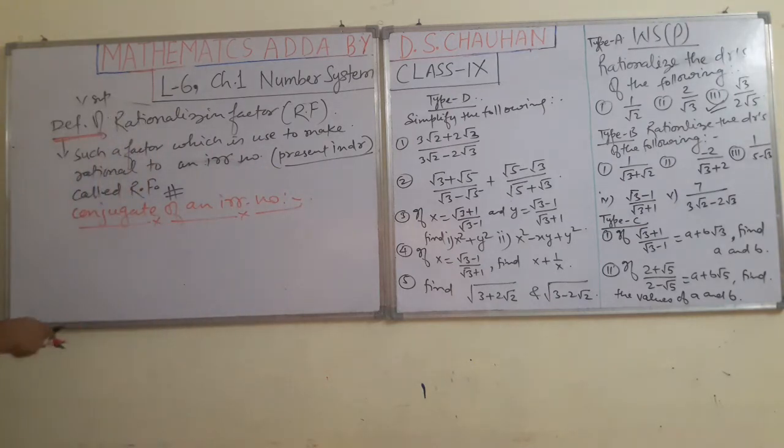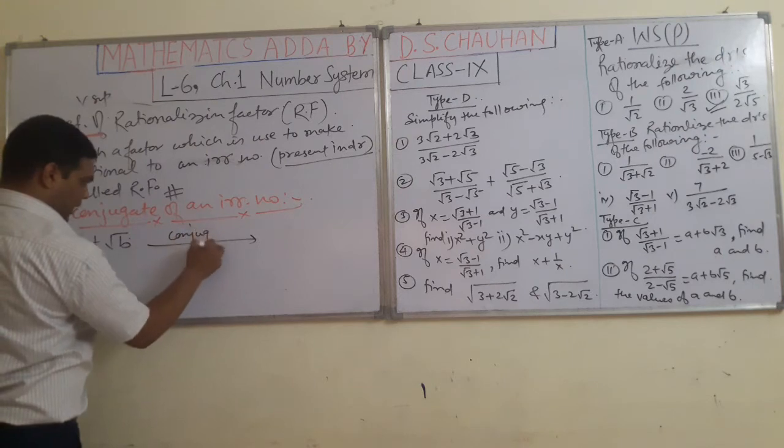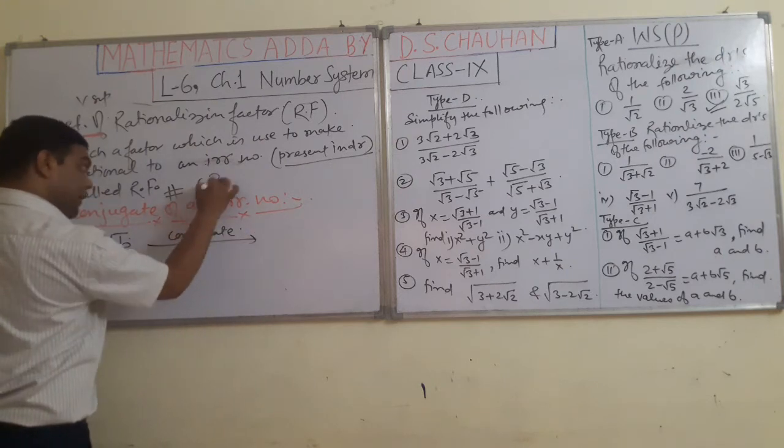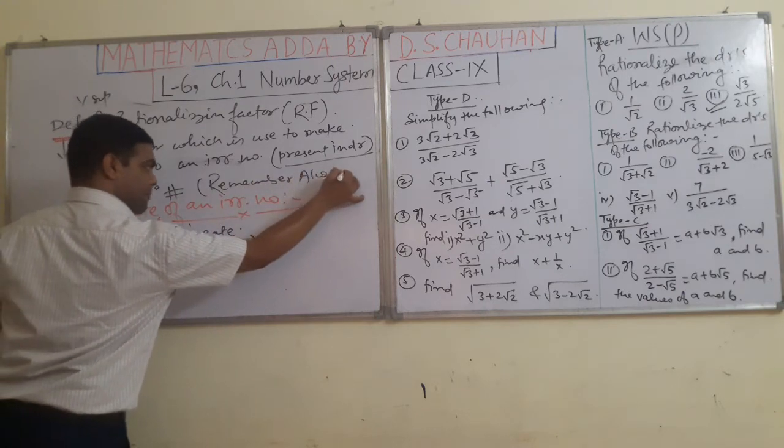Very important. If a number is of the type a plus under root b, then its conjugate. Remember always. Here I am saying remember always, meaning you have to remember.